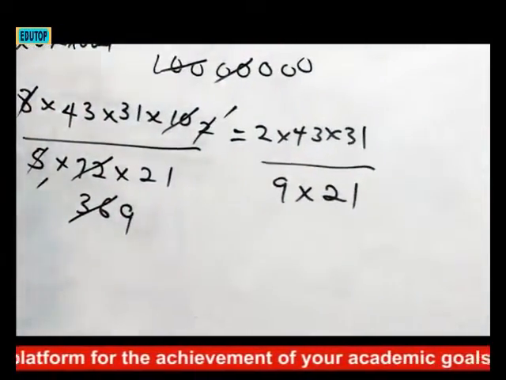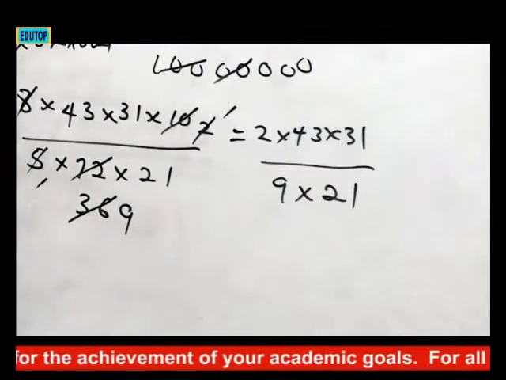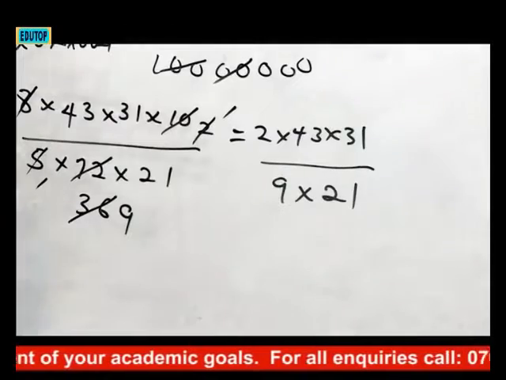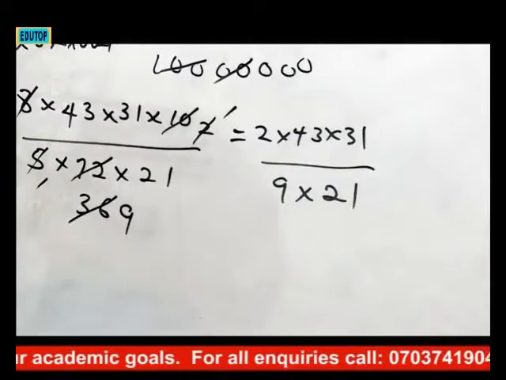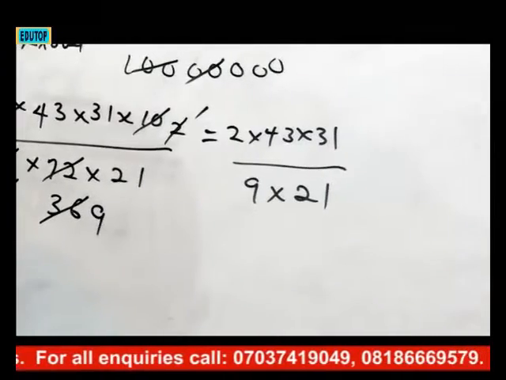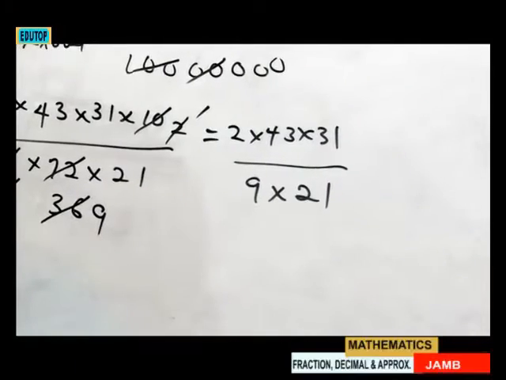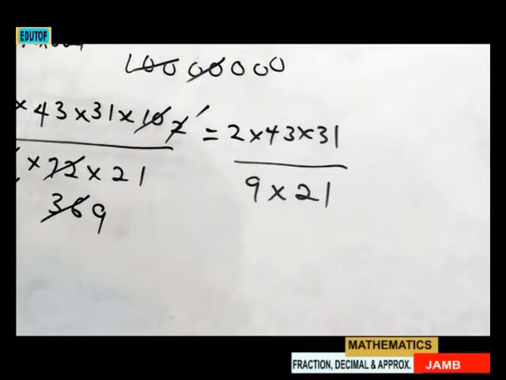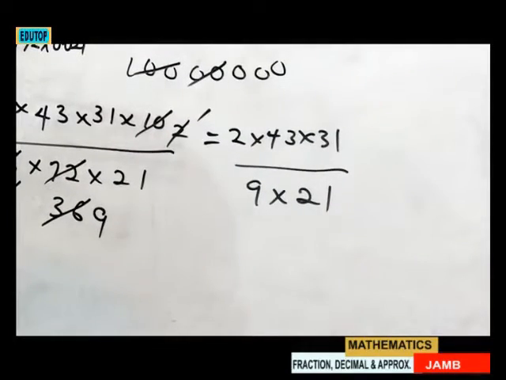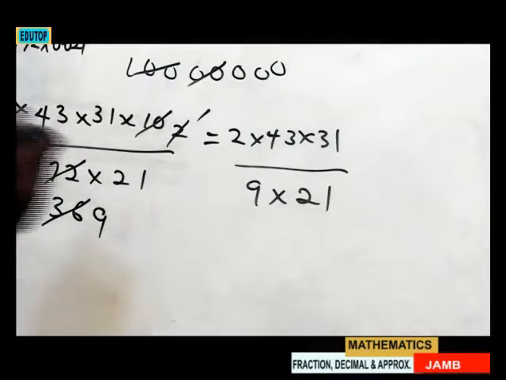Since the question asks us to convert to 4 significant figures, we use our mathematical instrument to resolve this: 2 times 43 times 31 divided by 9 divided by 21.